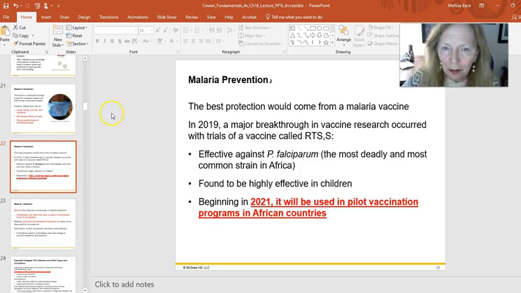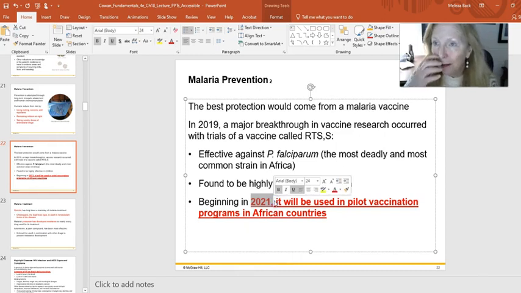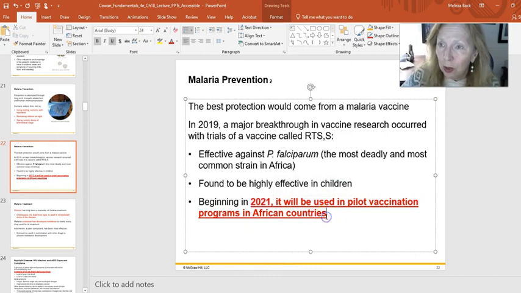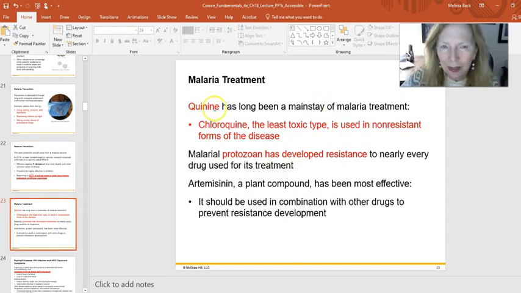So malaria is still a disease that we really very much worry about. And just last year, there were pilot vaccination programs happening in the African countries that are the most affected by this. So we will be listening, hoping that this is going to help save lives, and hope that it is going to work.